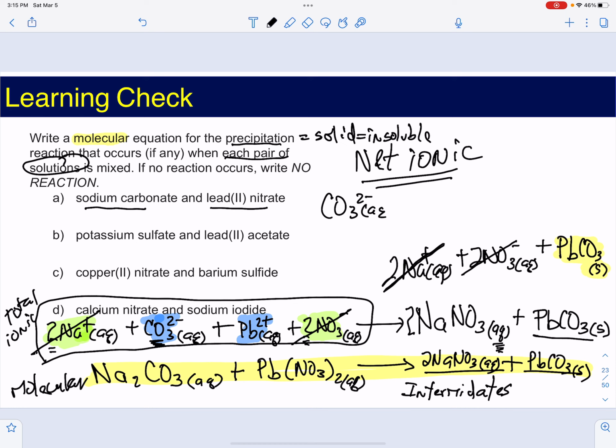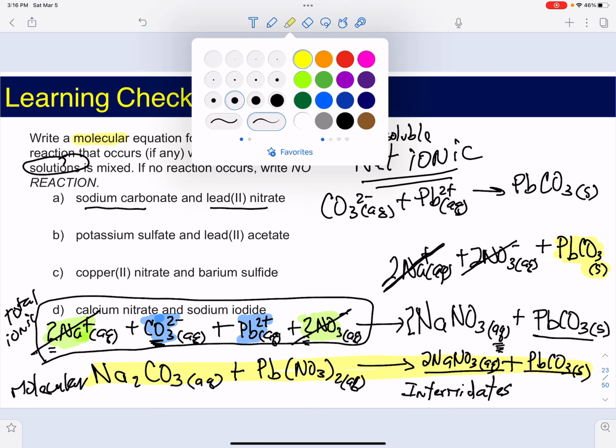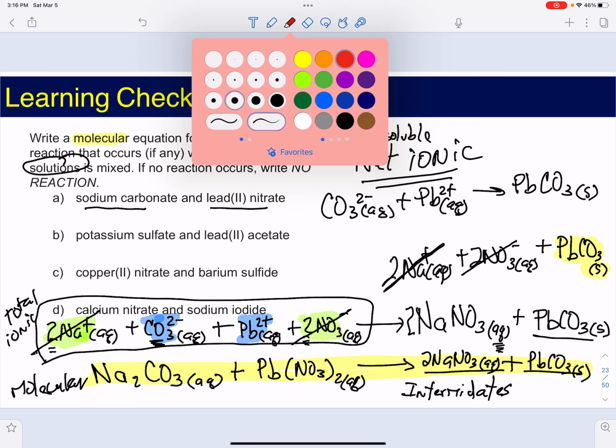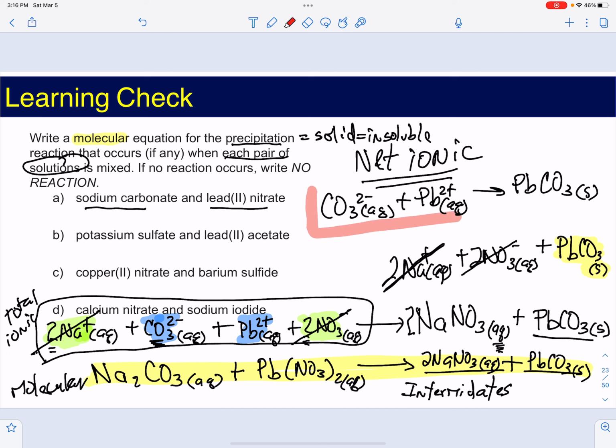which is aqueous, combining with lead 2, which is aqueous, providing lead 2 carbonate, which is a solid. So this is what I call the net ionic equation, the one that shows you exactly what's happening in the reaction.